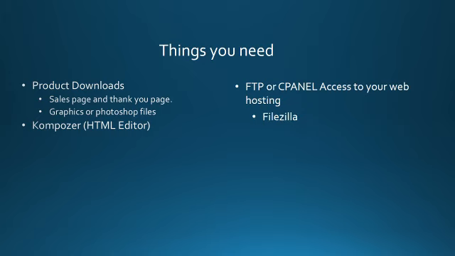Now, in order to connect to your web hosting system, you can either do it via cPanel, which is what most web hosting companies use. And if that's the case, we will show you how to do that. And if that's not the case, and they're using something like a proprietary system, we will want to use FileZilla, and I'll show you how to use that in that particular video as well. And then of course, you're definitely going to need to have a PayPal account.